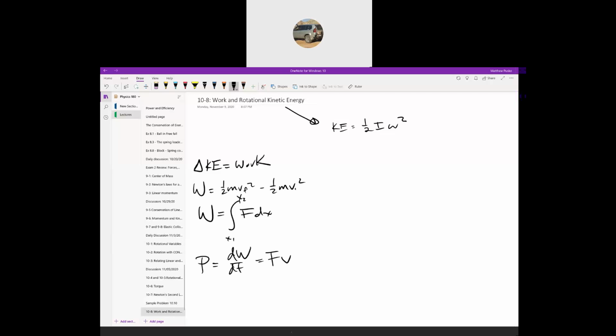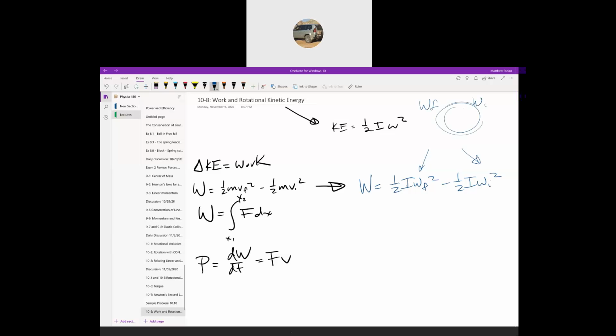Well, we can also calculate the change in kinetic energy, or the work, as 1/2 I omega final squared minus 1/2 I omega initial squared. So if you know something's angular velocity at two points in time, then you can figure out how much work was done to get that thing to rotate to that omega final from some omega initial.